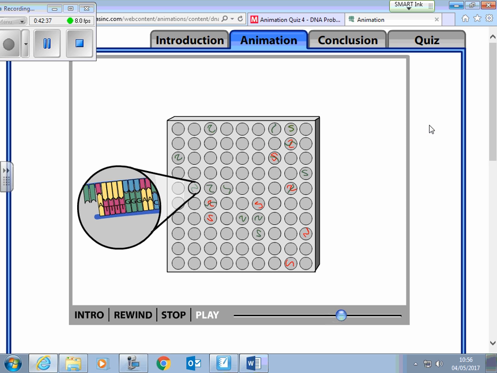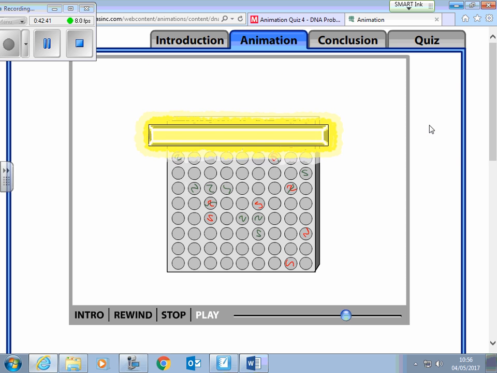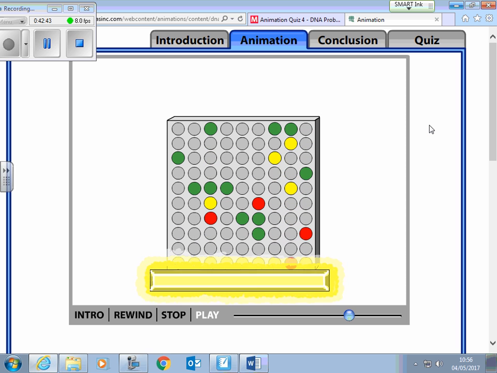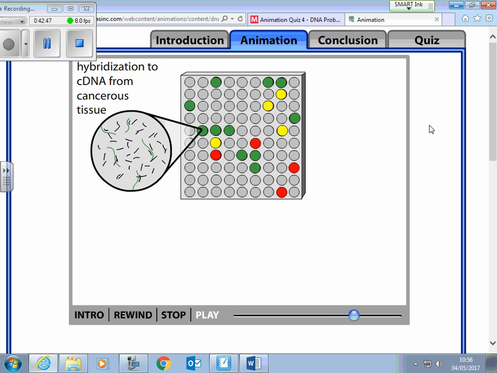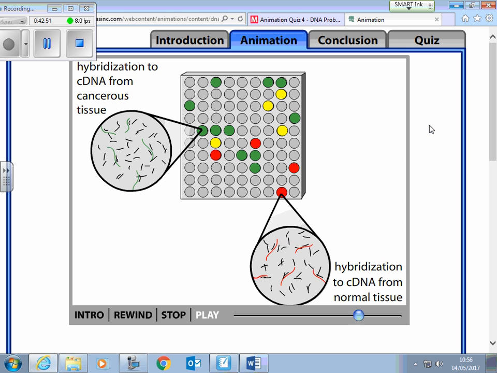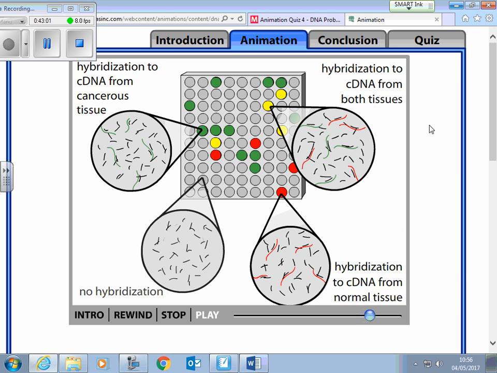Unbound cDNAs are washed away. A scanner detects patterns of hybridization by sensing the fluorescent signals. In this example, a green spot indicates cDNAs from the cancerous tissue. A red spot indicates binding of cDNAs from normal tissue. A yellow spot indicates that cDNAs from both tissues bind to the DNA in that area of the chip.